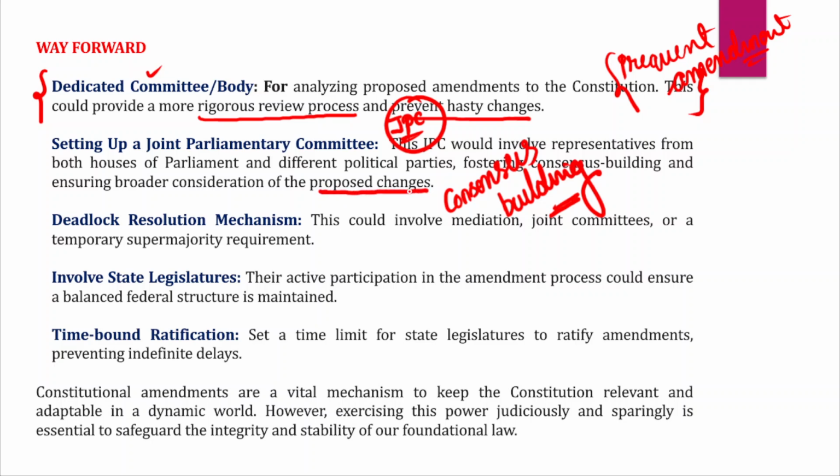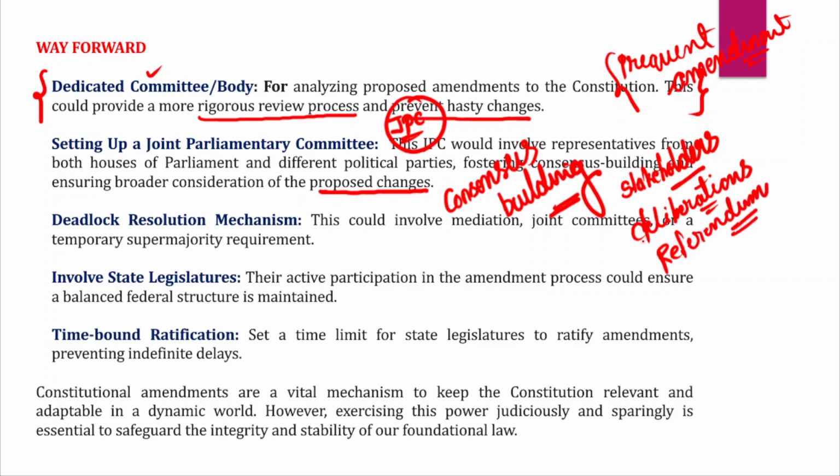Now, one criticism of the amendment of the constitution is that stakeholders are not involved, and there are no deliberations with the public. There are no mechanisms such as referendums that take into account the views of the public about the constitutional amendment.